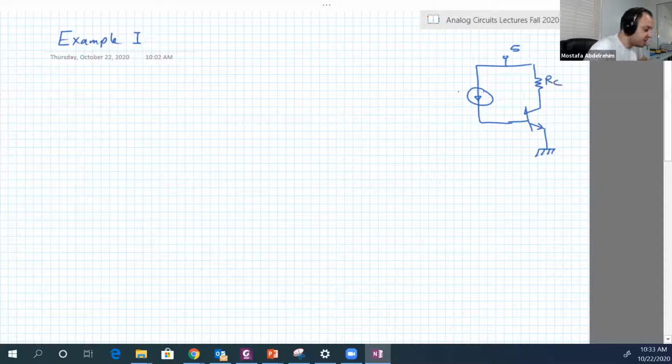Call this RC equal to 3 kilo ohms, and there is a constant current source equal to 10 microamperes.